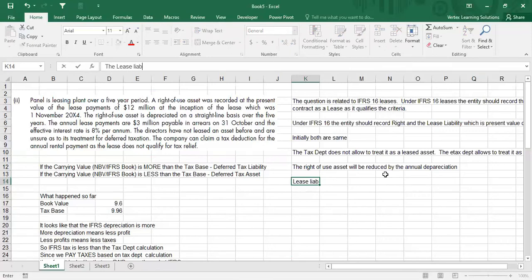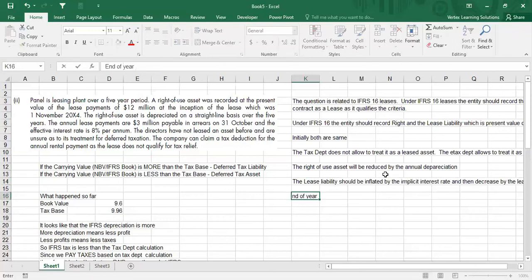The lease liability should be inflated by the implicit interest rate and then decreased by the lease payments.